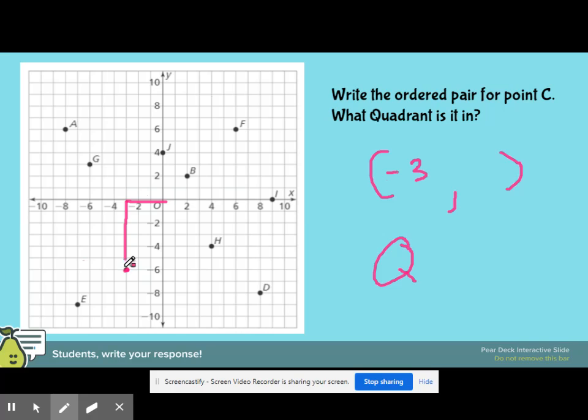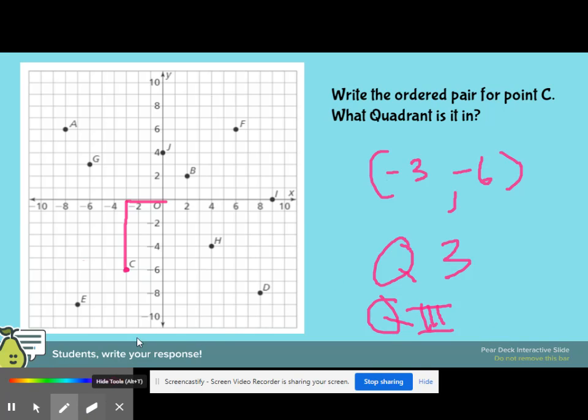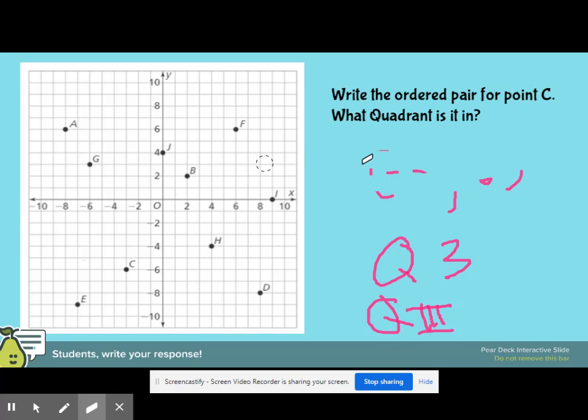Then it goes down to negative 6. So the ordered pair is negative 3, negative 6. Our quadrants, 1, 2, 3. This is quadrant 3. I guess I should have written that using Roman numerals. 3 lines. Quadrant 3. Starting to make sense? Don't forget, you guys shuffle on the carpet before you can climb the stairs.